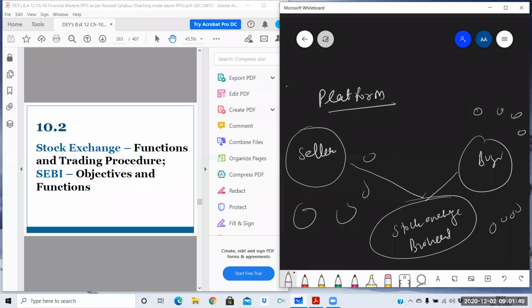So we will understand this concept in detail, but here we are doing only the meaning. So what is the meaning of the stock exchange?